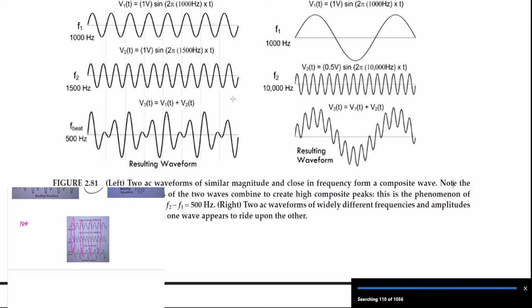So note where the peaks match forms, what did it say? Forms a high peak.